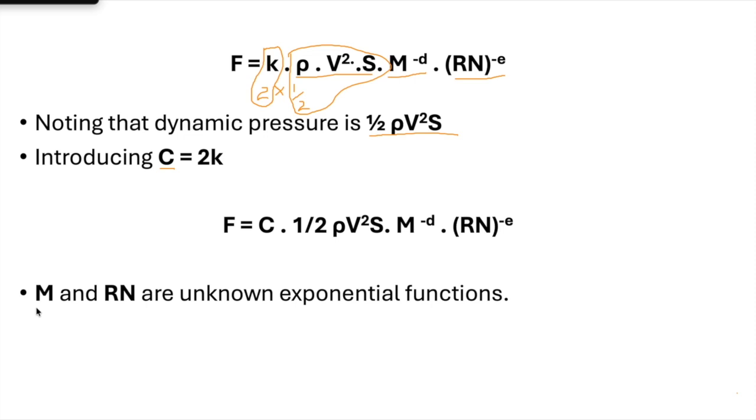So here the Mach number and Reynolds number are unknown exponential functions.